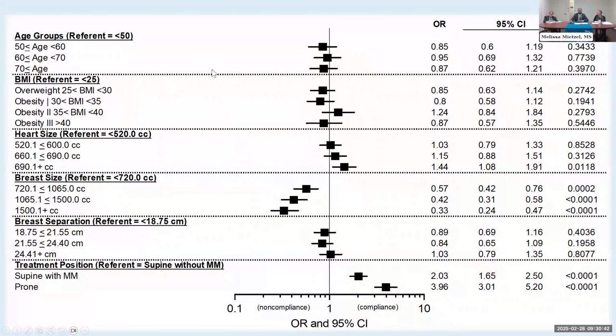At a glance, we can see that age group does not significantly impact compliance, neither does BMI. Breast size does not impact compliance up until you get to very large heart sizes. So 690.1 cc or greater heart was trending towards increasing compliance with the mean heart dose.